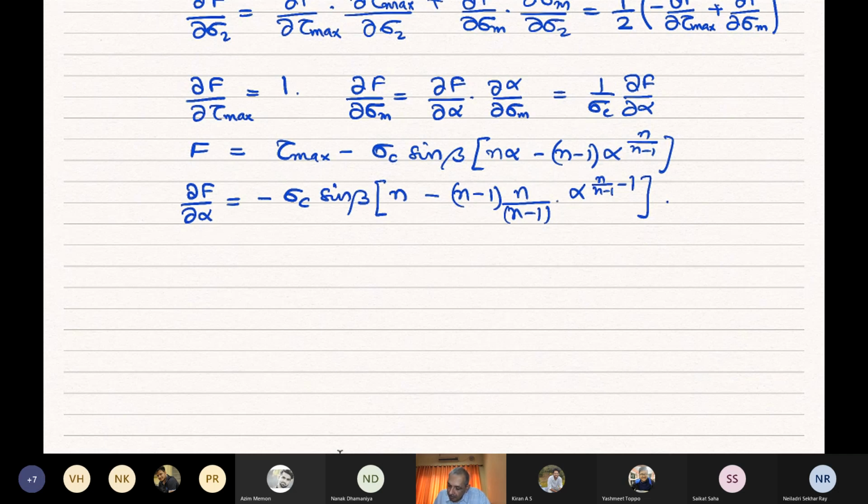So when you simplify this, this just becomes minus n sigma c sine beta into 1 minus alpha raised to the power of 1 divided by n minus 1. Because this is n minus 1, so it's like n minus n plus 1, so that is just 1. So this is my result, that when you do df by d alpha, you have this result.